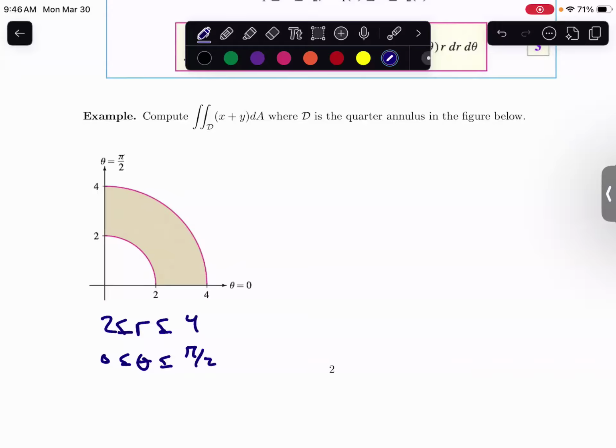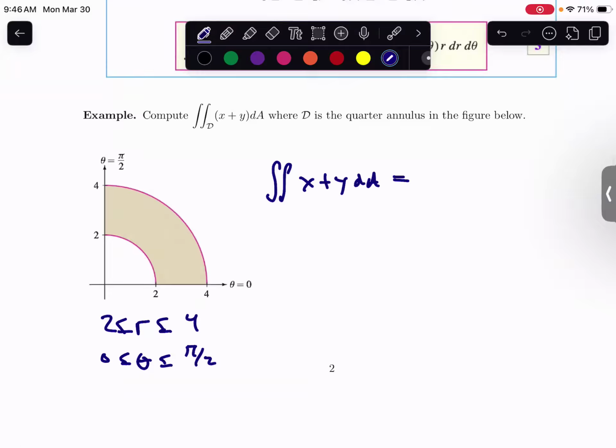And then in terms of what we're actually integrating, if we have this double integral of x plus y dA, and we're writing it in terms of polar coordinates, you have this double integral. r ranges from 2 to 4. Theta ranges from 0 to pi over 2. And then we have x plus y. So x becomes r cosine theta. y becomes r sine theta.